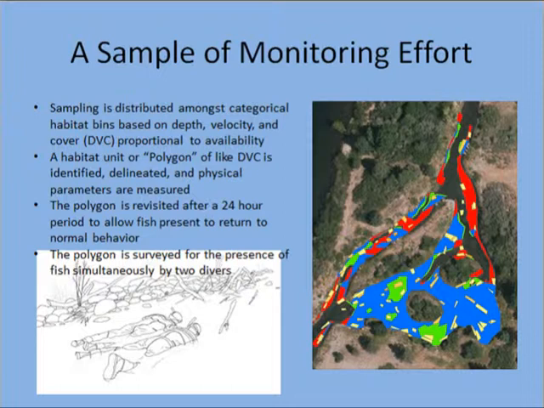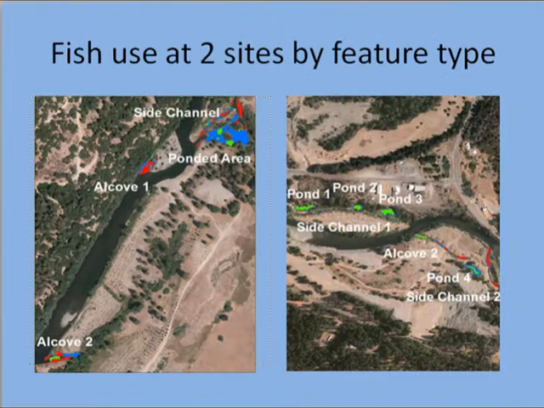And our fry study utilizes 2 divers, and they're both counting the same fish, and that helps with the variation and understanding how many fish we're counting and how many we're missing, and really improves the statistics.